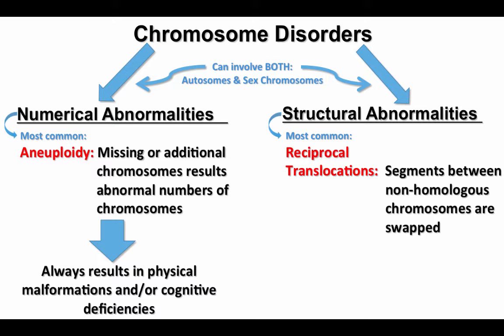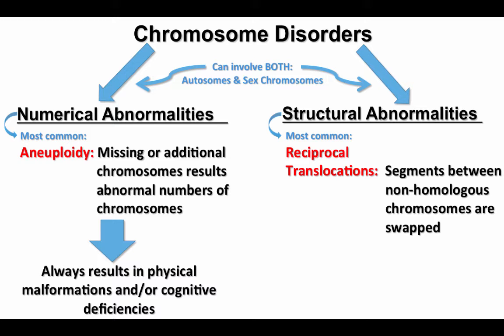This is because often all of the genes in the swapped segments of the chromosomes remain intact despite being in different locations of the genome. It doesn't really matter where they are in the genome. As long as all the genes within these swapped segments are okay, then you're not going to see any changes in the overall phenotype of the person, that is, in their characteristics and general health.